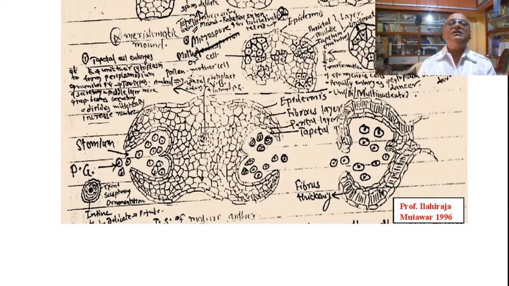Below this are the parietal layer and wall layer, and then the sporangia. These are the microsporangia. There are four microsporangia, 1, 2, 3 and 4, in one anther. In this structure we look at how it is opened.